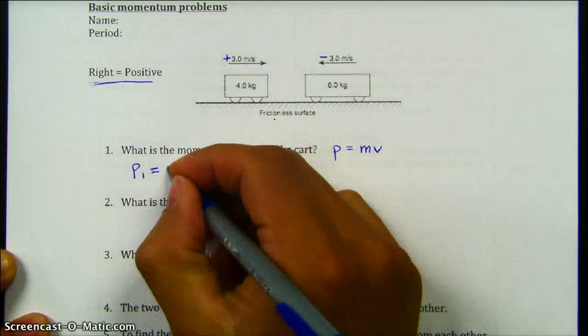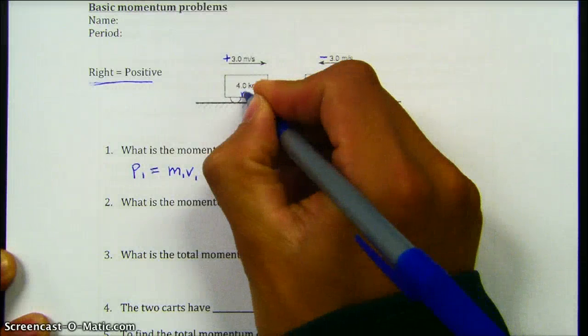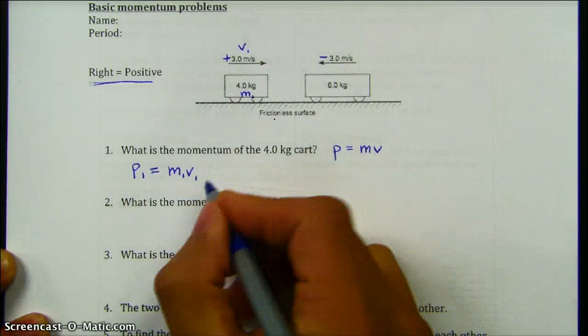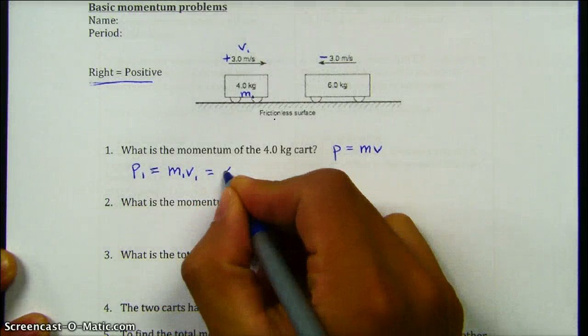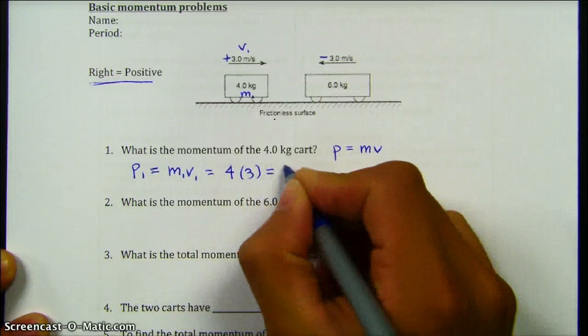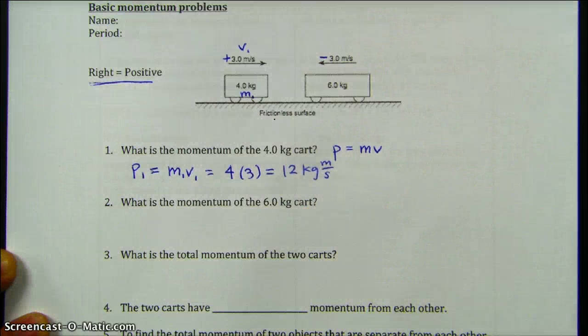So we're going to call that m1 v1. So this is m1 and this is v1. So we take that and multiply each other, we get 4 kilograms times 3 meters per second. That gives us 12 kilogram meters per second.